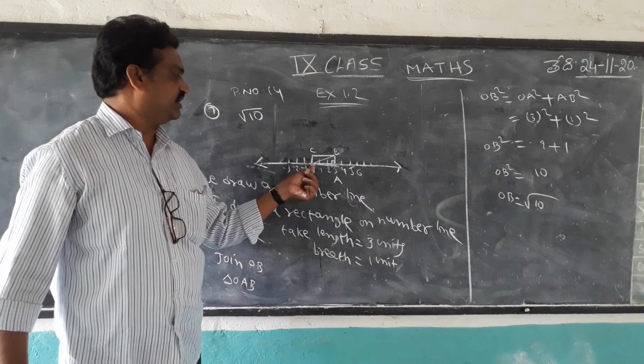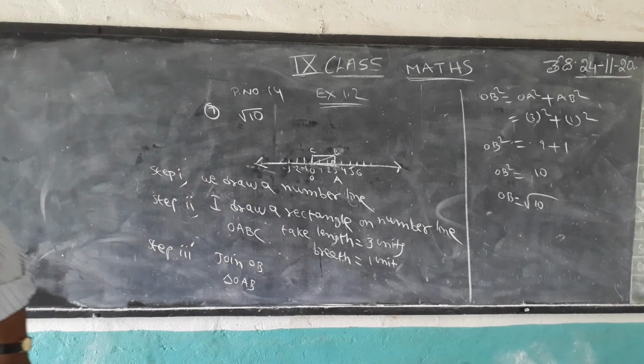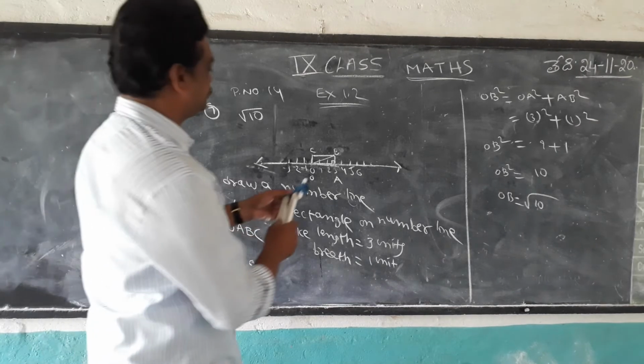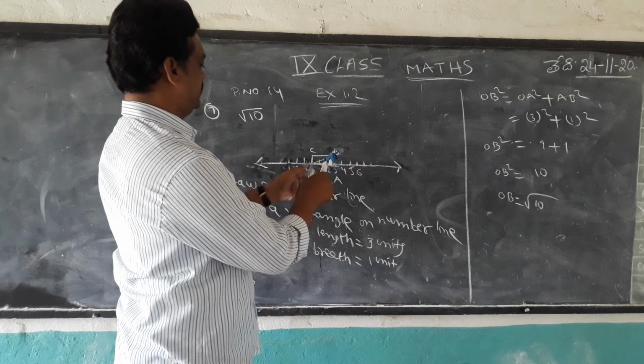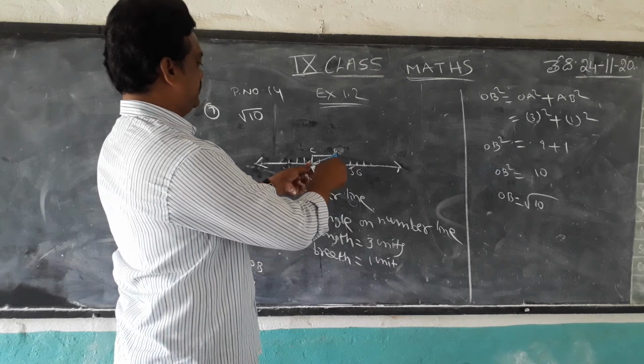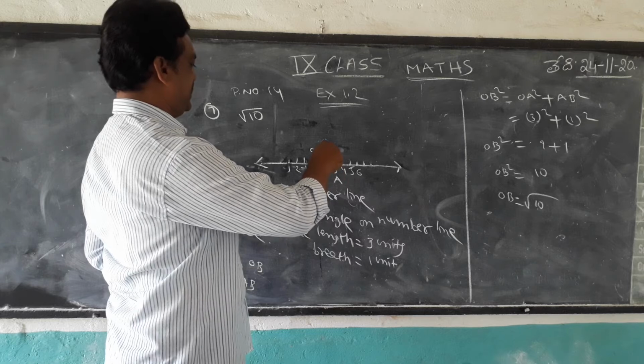Therefore, from O, take radius OB and draw an arc.